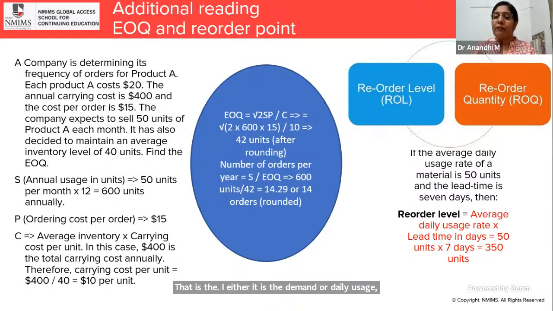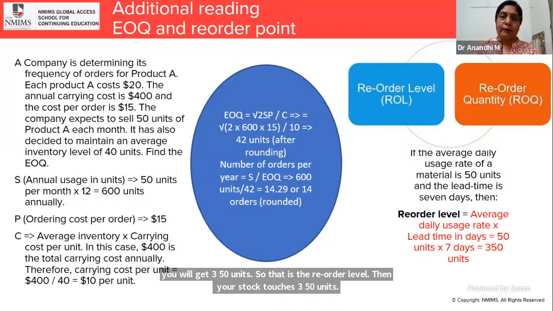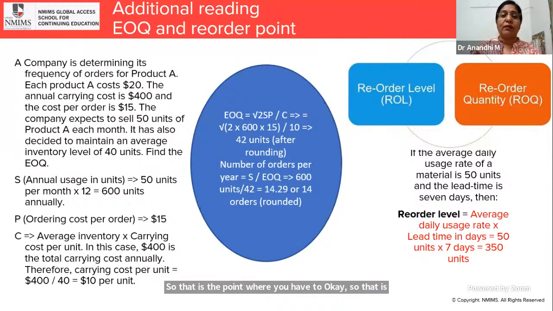So 50 units multiplied by 7 days gives you 350 units. That is the reorder level. When your stock touches 350 units, that is the point where you have to reorder, to place another order of the EOQ.